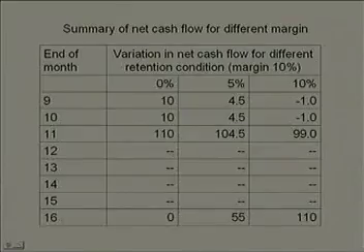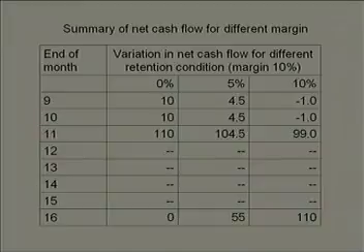Now, I will give you the remaining part of this table for balance months. So, this is showing you from month 9 to month 16. Again for 3 conditions: 0% retention, 5% retention and 10% retention. Now, for 0%, the happy situation continues throughout.